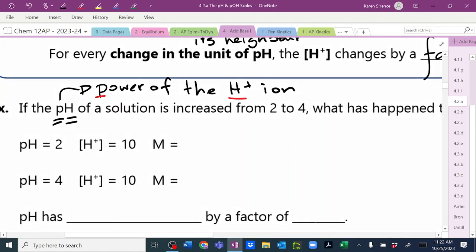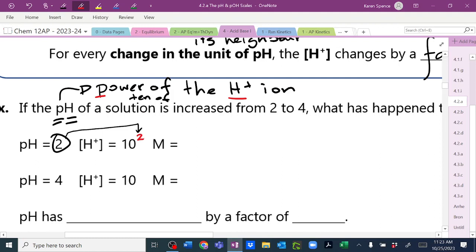So if the pH is 2, what is the power of 10 for the hydrogen ion? So if the pH is 2, the power of 10 for the hydrogen ion is 2. Okay, not rocket science, not looking for a complicated answer here.